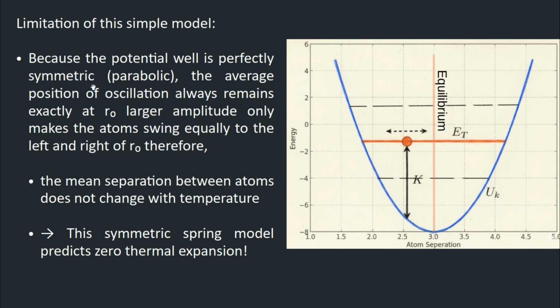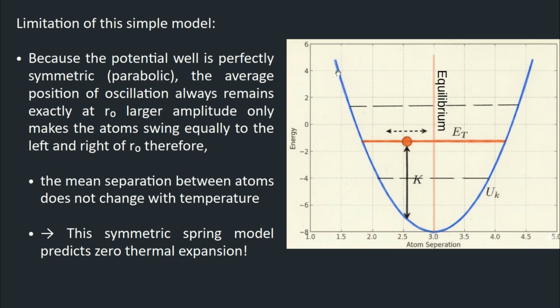Because the potential well is perfectly symmetrical, the average position of the oscillation always remains exactly at R0. Large amplitude only makes the atoms swing equally to the left and the right. So what's wrong in that, right? Whatever the temperature is, it just makes the atom swing about the equilibrium position equally far away, exactly whatever value you move to the left.